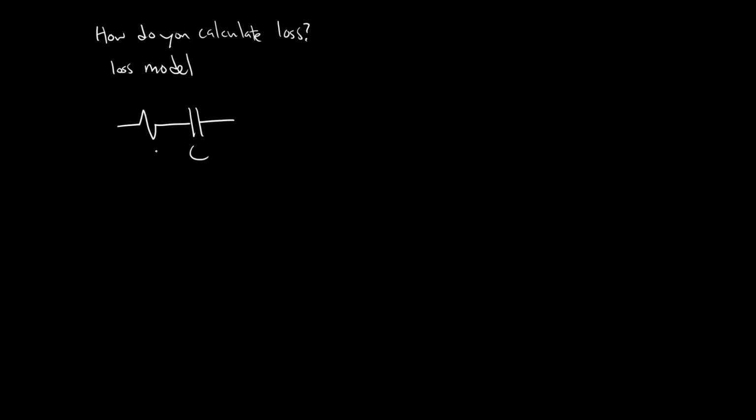Cool. So let's figure out how you might calculate loss on a capacitor. If this is the loss model we're going to be considering, the other stuff is there for sure, like the inductance and the leakage, but what we're really interested in for calculating the majority of the loss that this thing produces is the ESR.